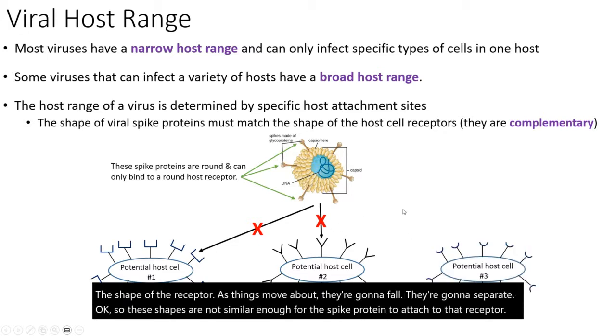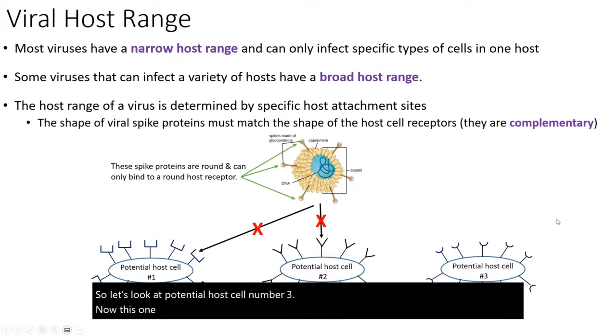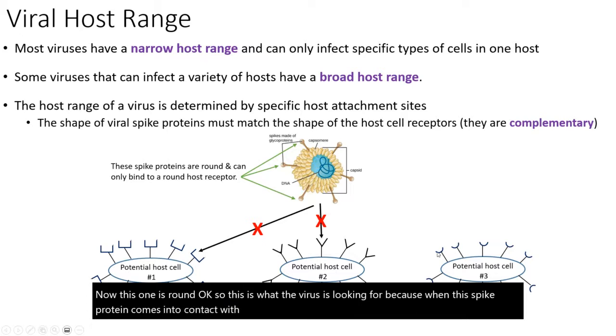So let's look at potential host cell number 3. Now this one is round, okay? So this is what the virus is looking for, because when this spike protein comes into contact with this host cell receptor, it's much more of a lock and key fit. So they're going to be similar in shape.